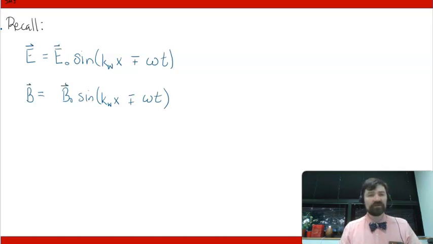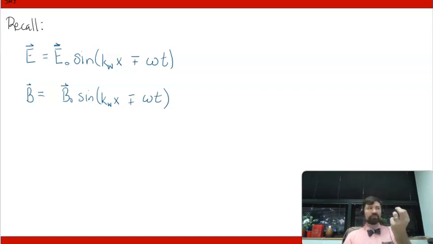We generally limit ourselves to 1D waves here, although you could have, like, a single point source that emits light in all directions, for example. In which case this kx becomes also a dot product. What we're basically doing today is just breaking down what each of these parameters are and how they relate to each other.